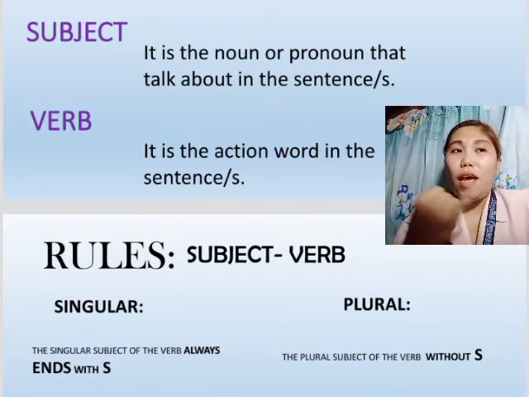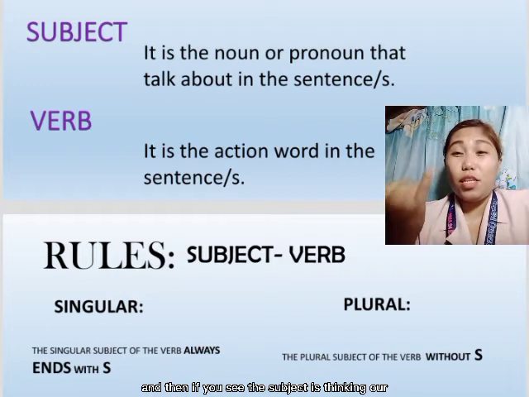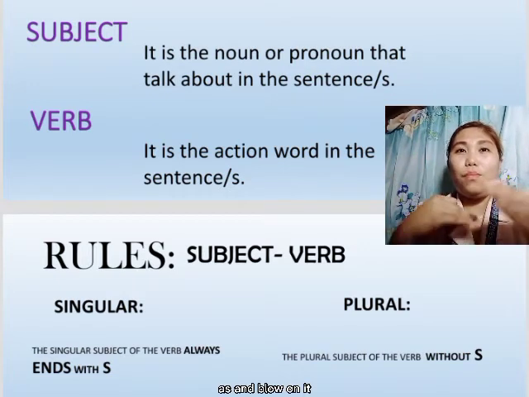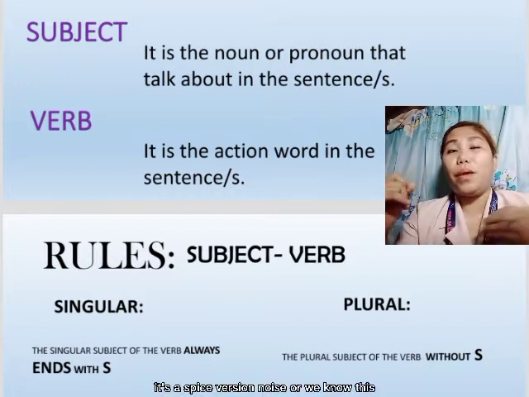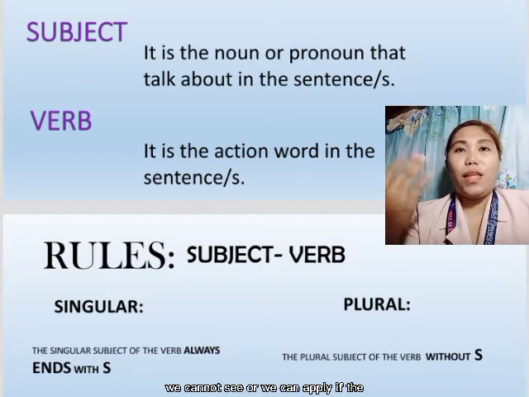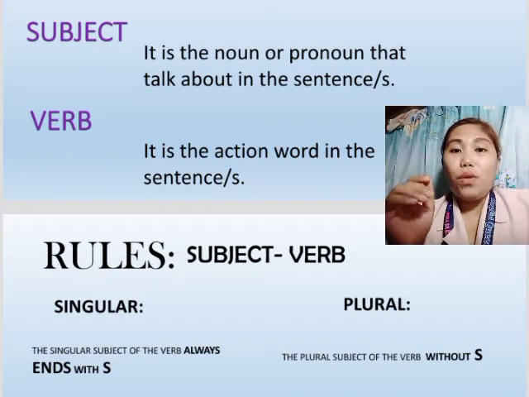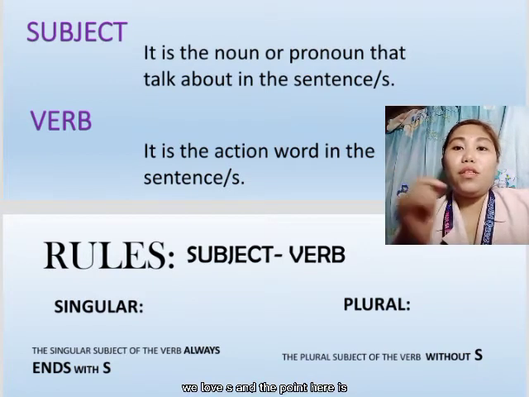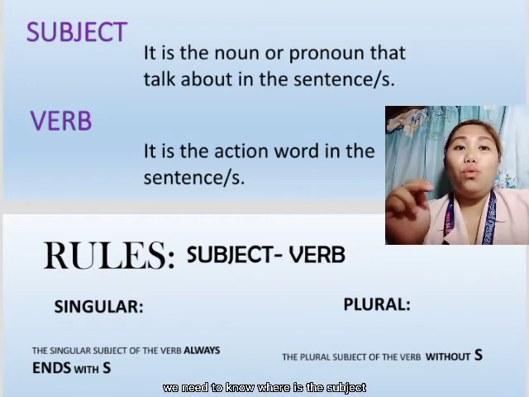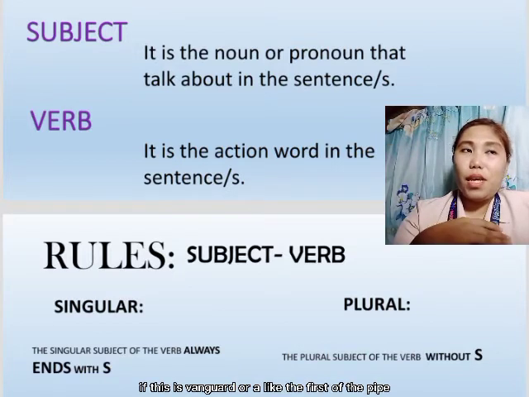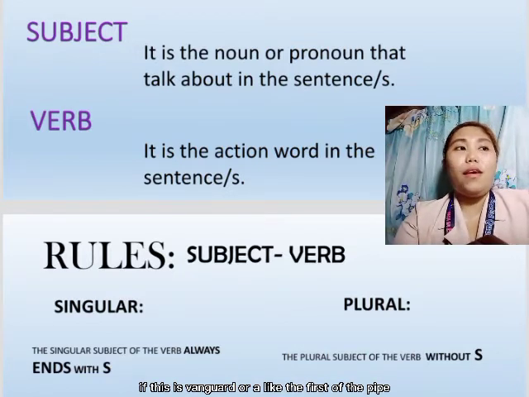If the subject is singular, the verb is always with S. And for plural, it's vice versa: no S, or without S. The key point here is we need to know where the subject is, the main subject of the sentence, for you to analyze whether it is singular or plural.